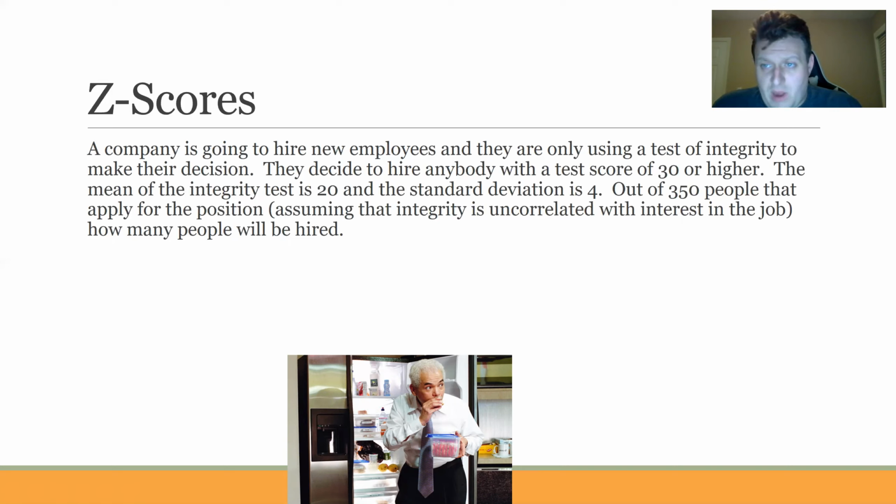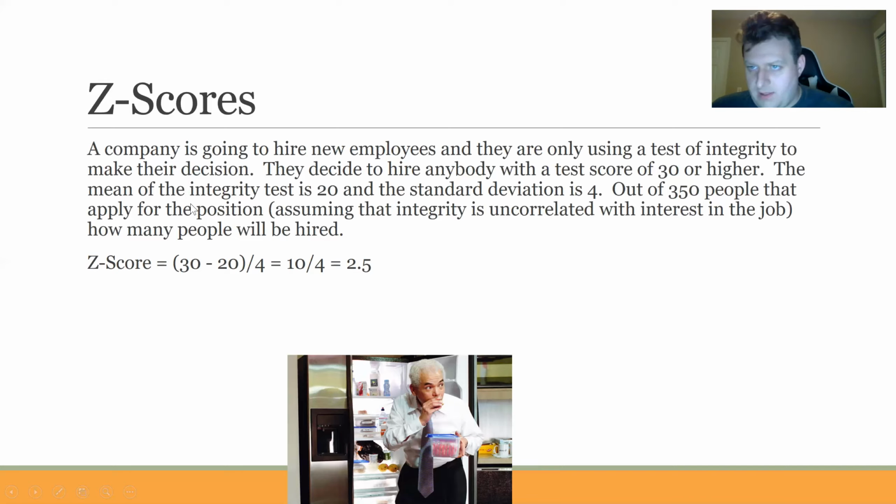With any of these problems, the first thing we need to do is find the z-score. So we're going to take our score, which is 30, and subtract the mean. 30 minus 20 is 10. 10 divided by 4 is 2.5. So our z-score is 2.5, and we're trying to find the percentage of people that score higher than 2.5.